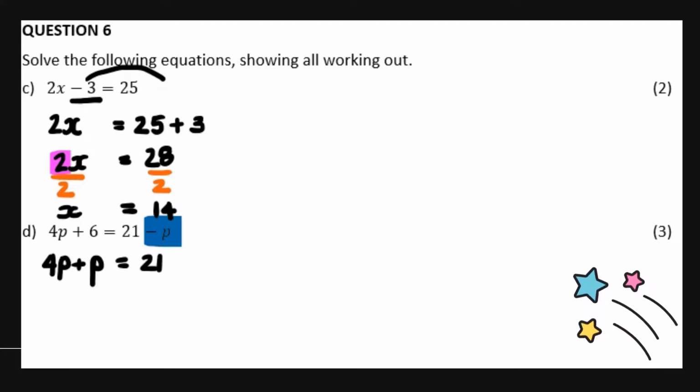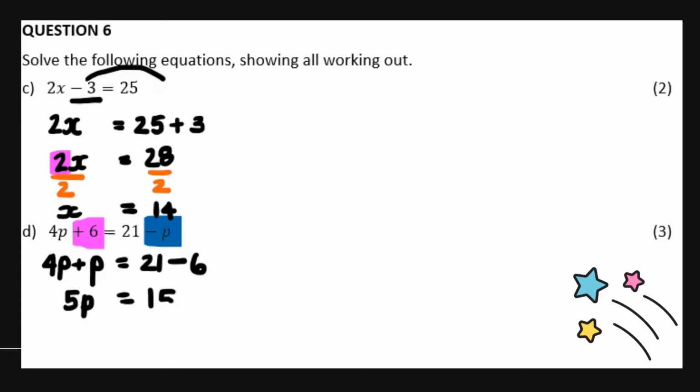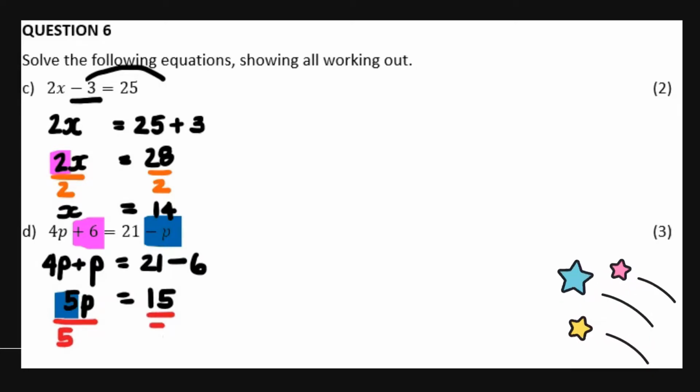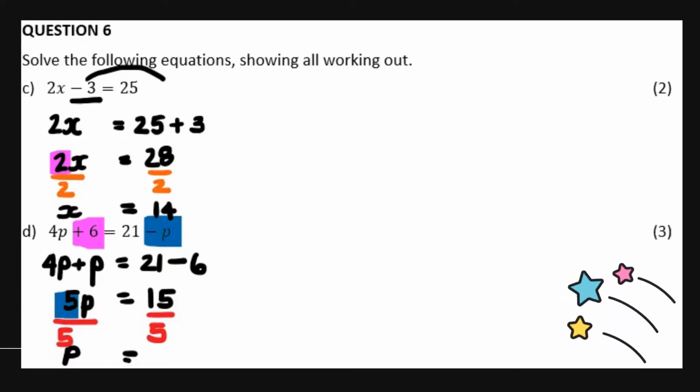We are going to move the 6 across the equal sign, and therefore the 6 becomes negative 6. 4p plus 1p equals 5p. 21 minus 6 is equal to 15. We now need to remove the 5 again. As with the previous question, we divide by 5 on both sides. Therefore, p is equal to 3.